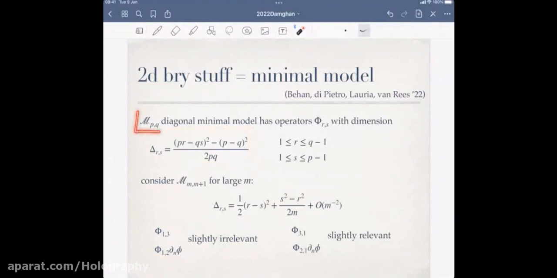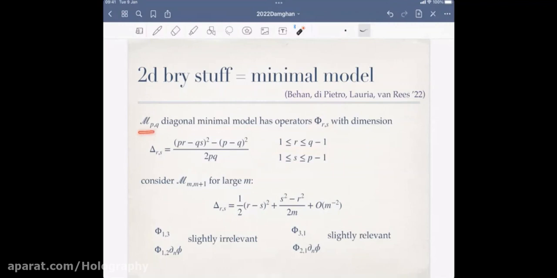So you introduce the M(p,q), so-called diagonal minimal model, and it will have operators phi_rs with these scaling dimensions, and r is some integer that goes from 1 to q minus 1, and similarly for s. So probably a lot of you know this well. This tends to get taught in conformal field theory classes, so it's well-known stuff.